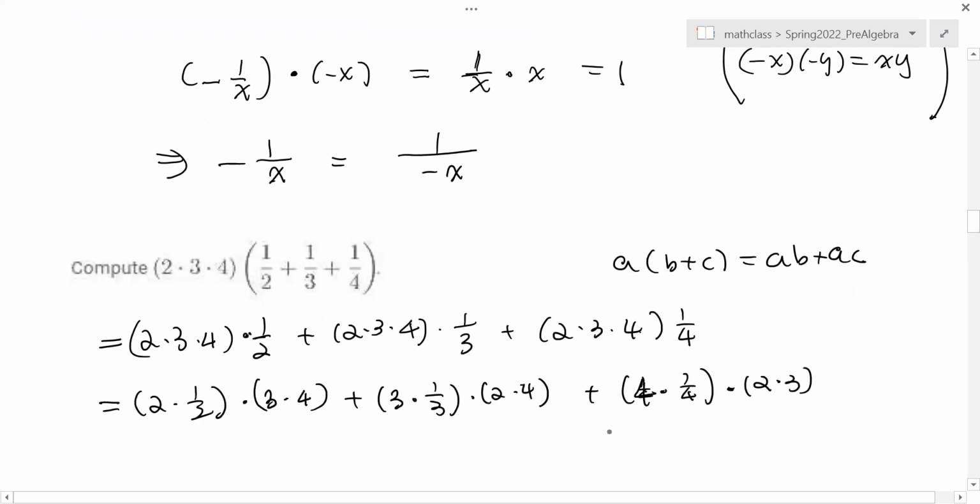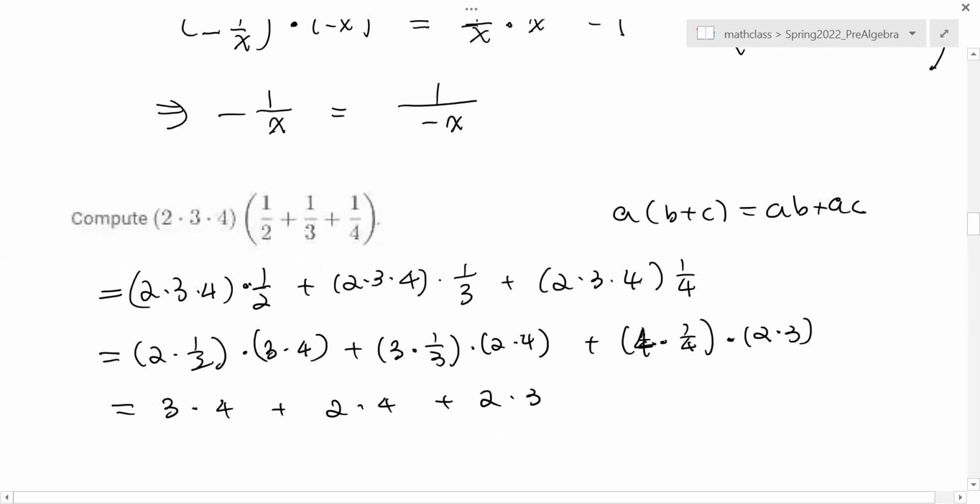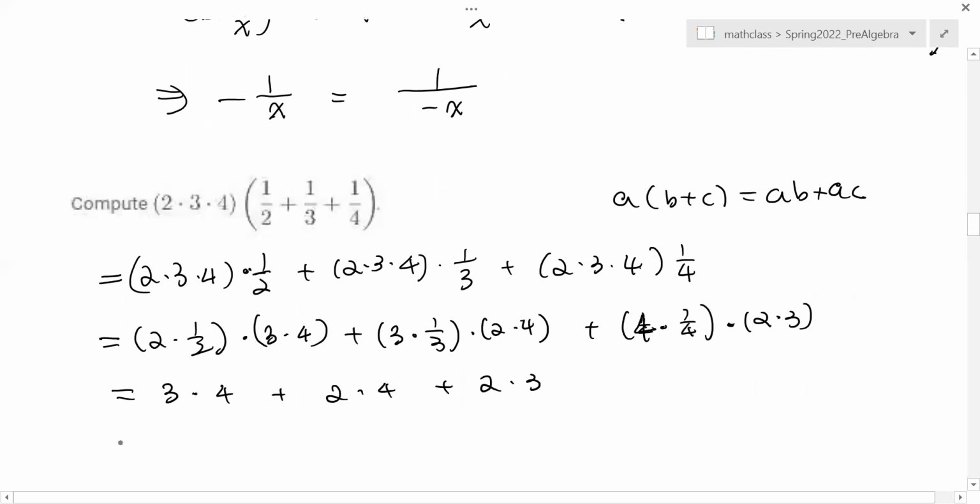And then this will be 1. So you get 3 times 4 plus 2 times 4 plus 2 times 3. Then you compute each of them: 12, 8, 6, so it's going to be 26.